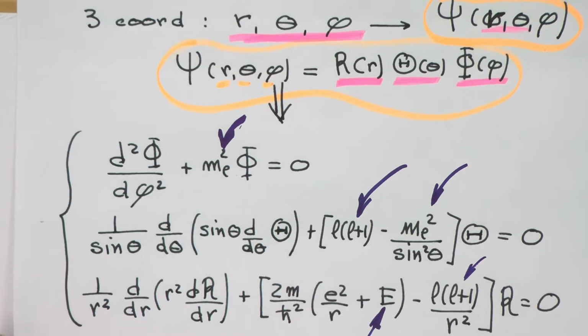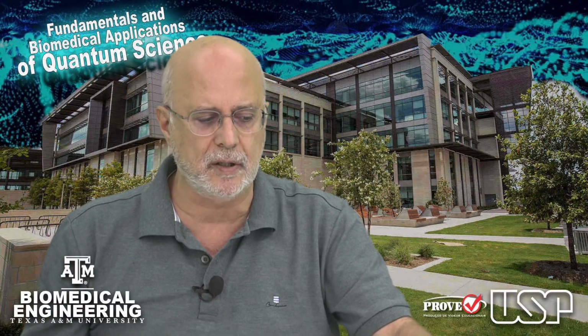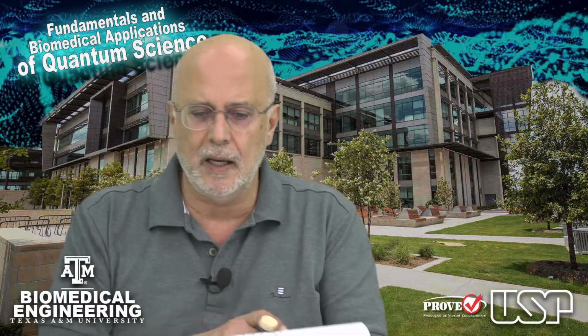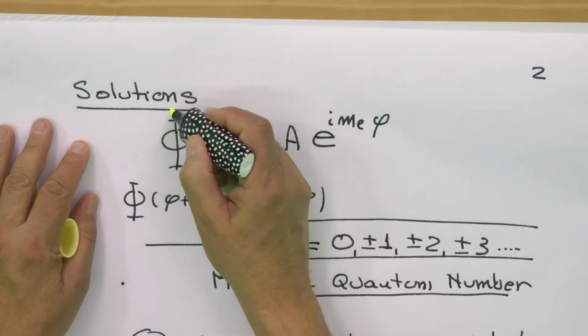So we're going to keep those equations in mind, and we're going to use them anytime we need. And let's go for the first equation, the equation in phi. The solution is a well-known solution.